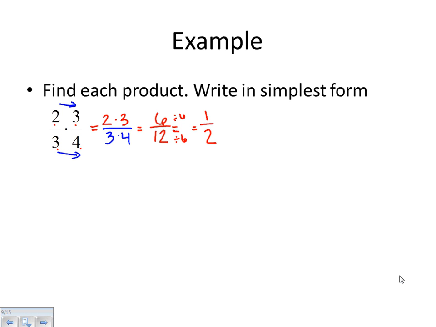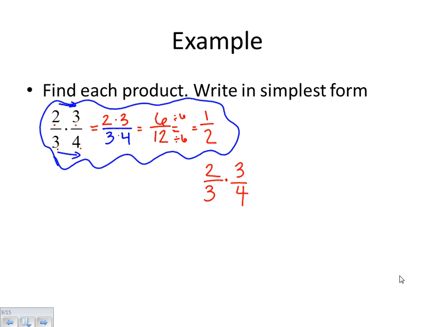Now you can do it this way, or there's a tiny, simple trick I can show you, and this is called cross-simplifying. If I had 2/3 times 3/4, you can always do it the first way and simplify at the very end. But what I can do is cross-simplify. I can look at the numbers that are across from each other. 3 and 3 are across from each other. If they are able to reduce, that means one can go into the other.